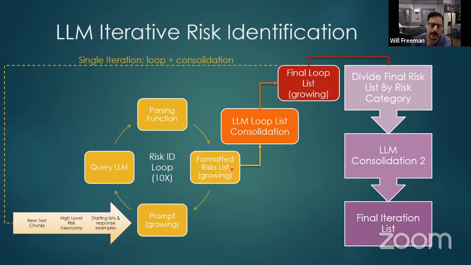So I would build in also a consolidation function. After that went through about 10 times, the prompt got too big. And that would take all the list that it had ended up with after 10 iterations of giving it new text each time.